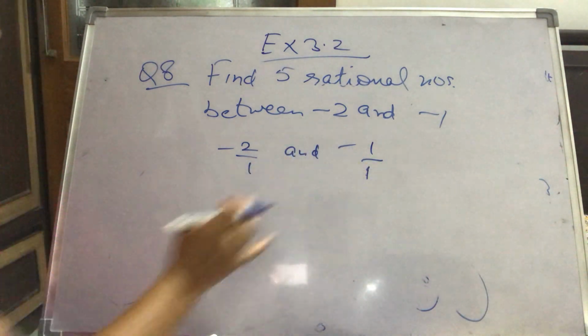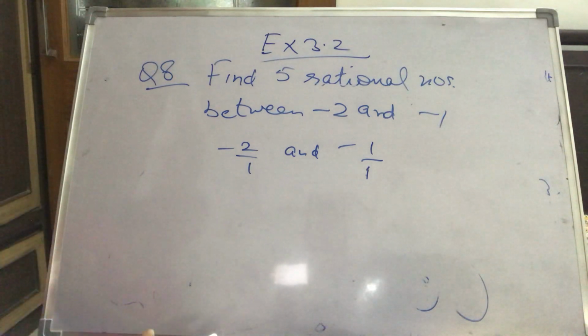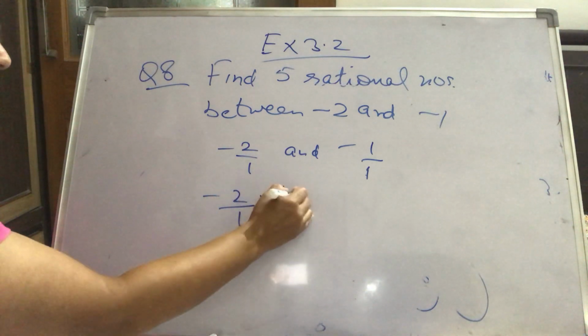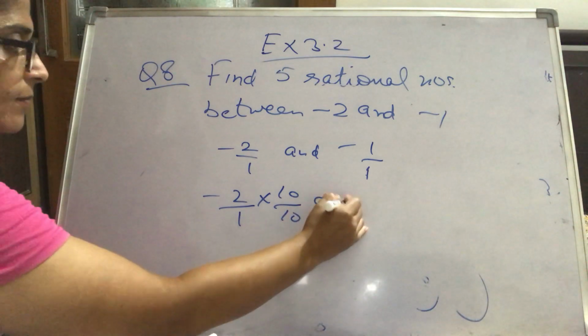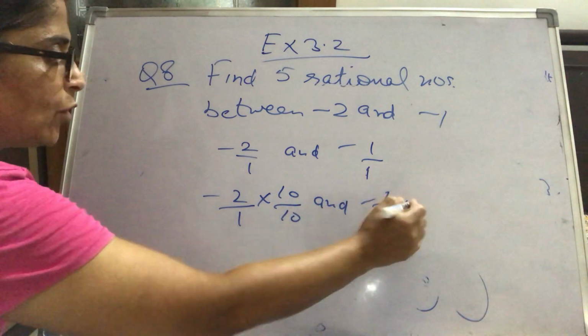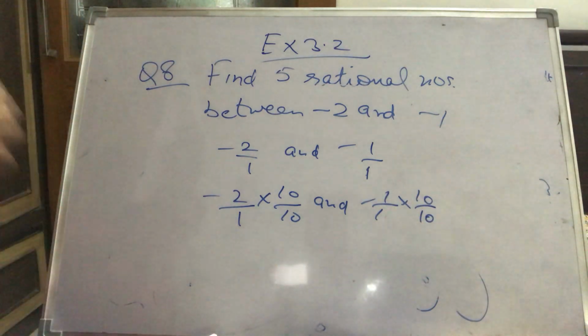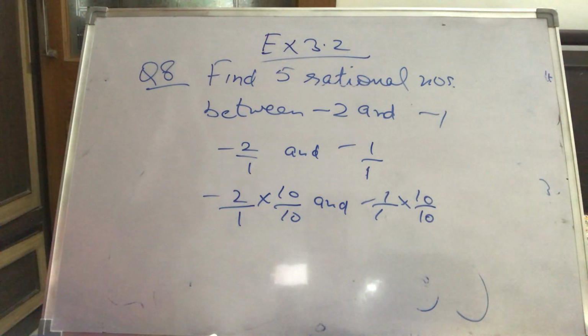These are the two rational numbers. Now we have to find 5 rational numbers between both of them. If we see on the number line, we are not having any number between -1 and -2. So we can do the multiplication here by 10 upon 10. Or you can do multiplication by 100 upon 100 also, 50 upon 50 also, 20 upon 20 also.